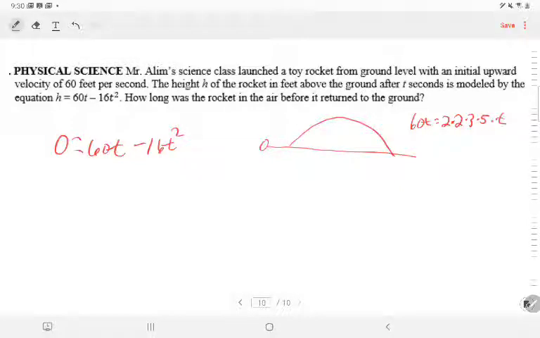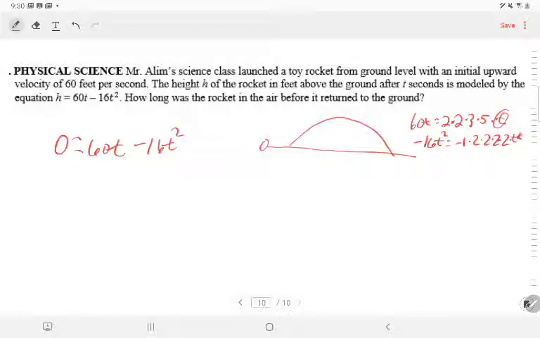And -16t squared is going to be -1 times 2 times 2 times 2 times 2 times t times t.